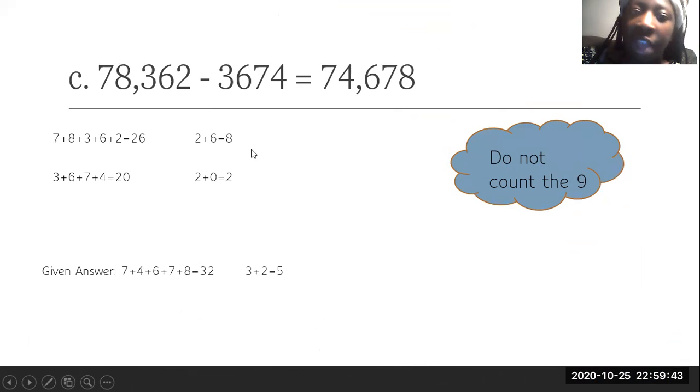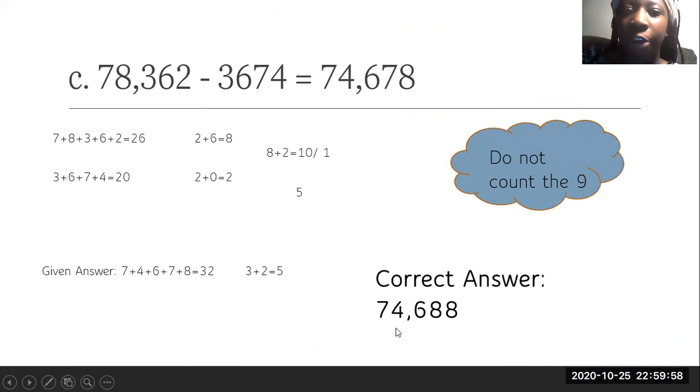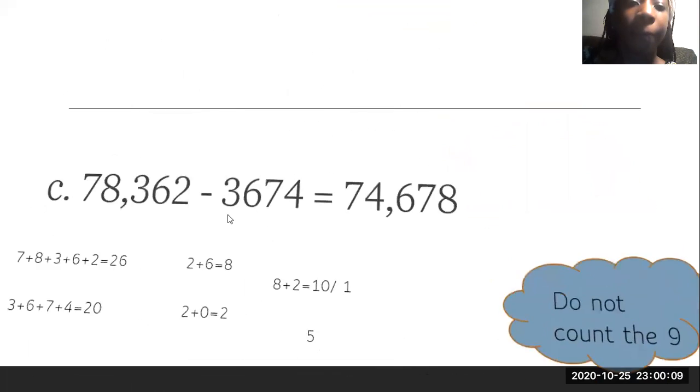Then you'll add the 8 and 2, which will give us 10, but 1 plus 0 is equal to 1. And 1 does not equal 5, which means we'll have to solve the problem ourselves. And our correct answer is 74,688. And again, a little reminder to not count 9, but we don't have a 9 on this one.